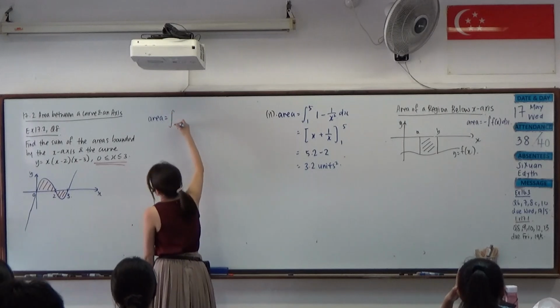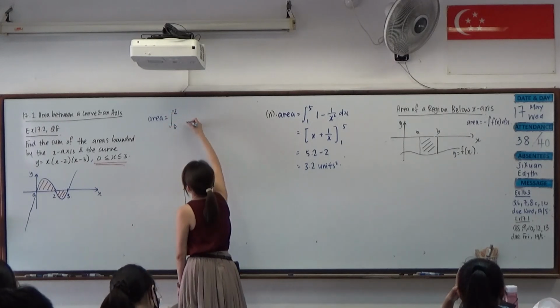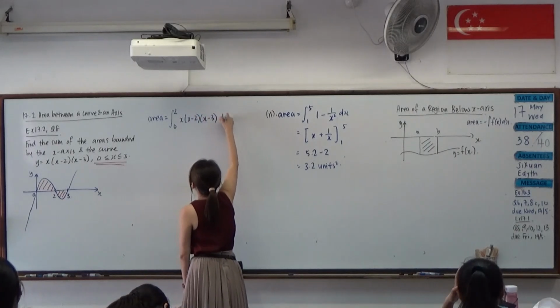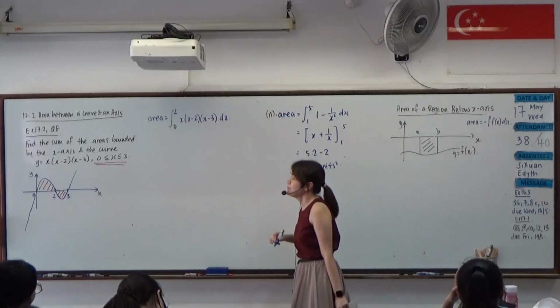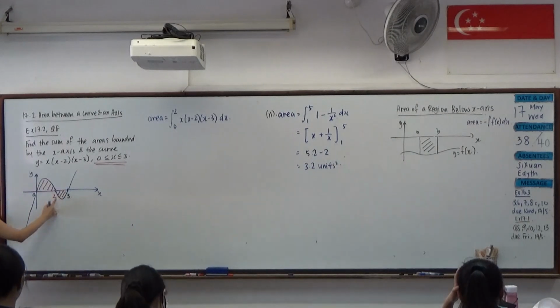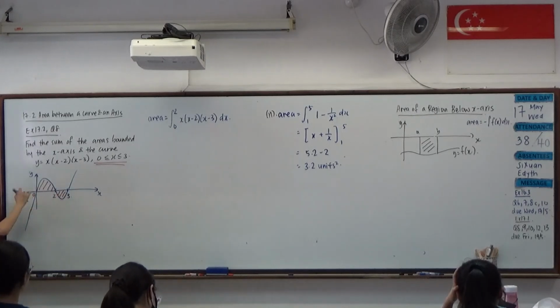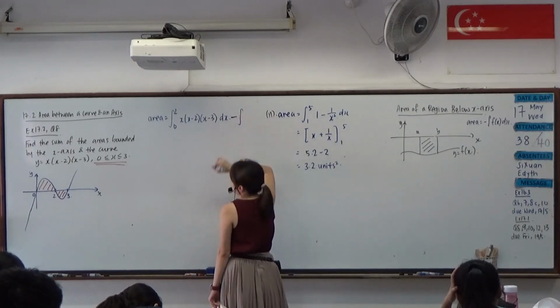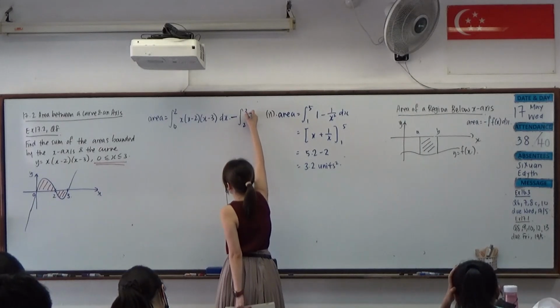In this case, integrating from 0 to 2 first. Then we have to add in this below x-axis part, and because it is below the x-axis, it will be a minus instead of a plus. And we are integrating from 2 to 3.